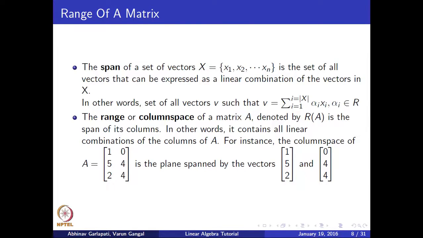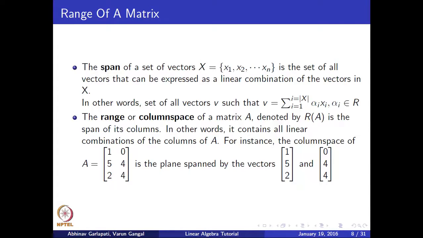Now, a related definition is that of range or column space. If we think of a matrix, each of its columns is a vector. So the set of all columns of a matrix is like a set of vectors. Now, the span of this set of vectors is called the range or column space of that matrix.